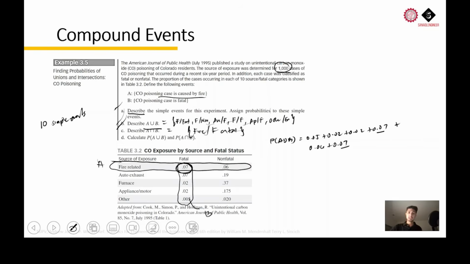And the answer for that, adding 0.05, 0.02, 0.02, 0.07, 0.06, 0.07, the total of this is equal to 0.245.